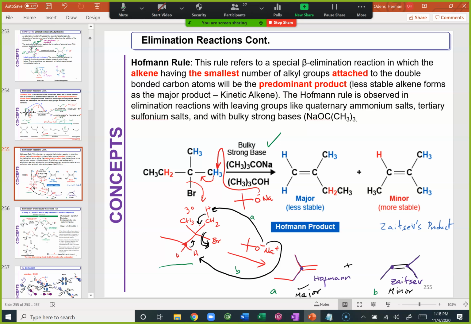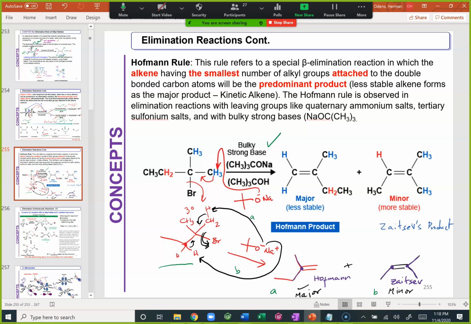So as you can see, if there's a bulky base, that's going to prefer to deprotonate the least hindered hydrogen, meaning that is the kinetic product. The most substituted product will give you the thermodynamically favored alkene.